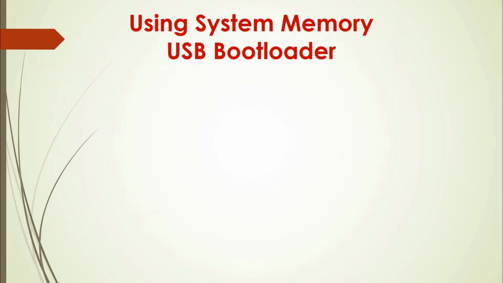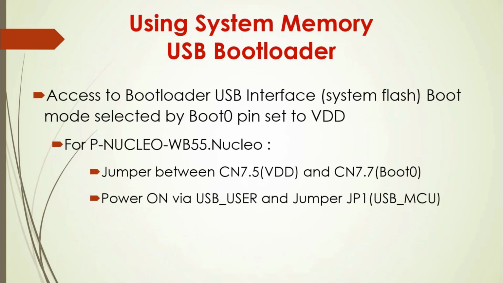Now let's see how you can update the wireless stack using the USB bootloader. For that you need to do some hardware setup first. You need to connect the BOOT0 pin to VDD.